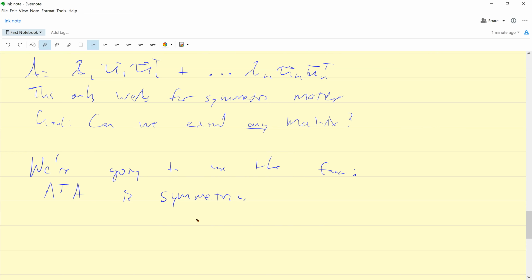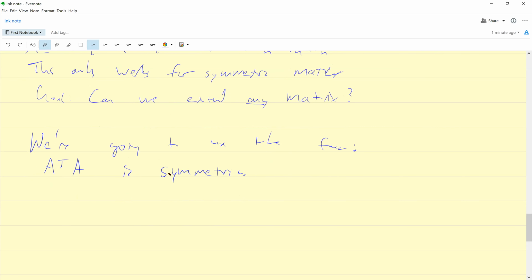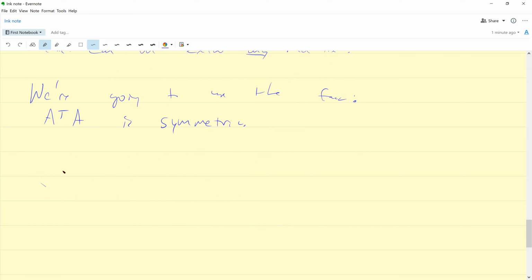Now we're going to have a weaker condition than being orthogonally diagonalizable, but still a very powerful expression. We're going to take A and still write it as a diagonal matrix times something, but generalize this to any matrix, not just n by n.